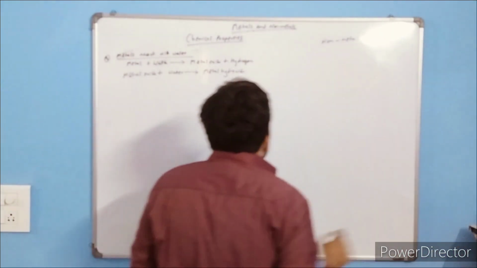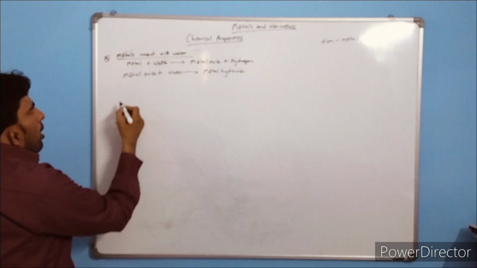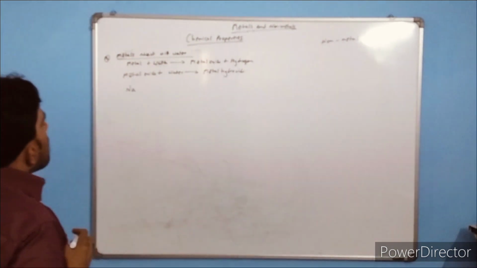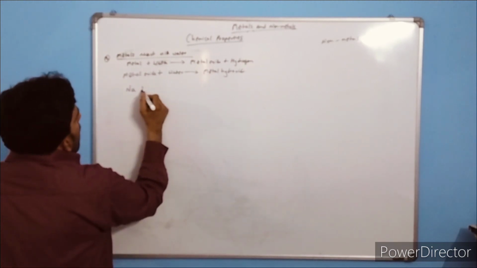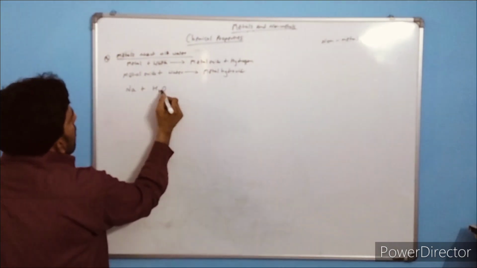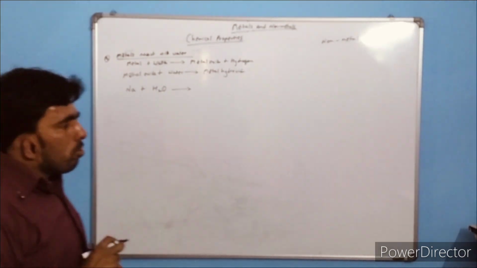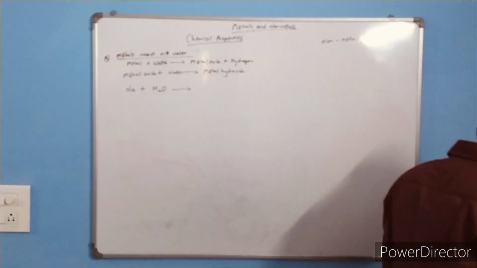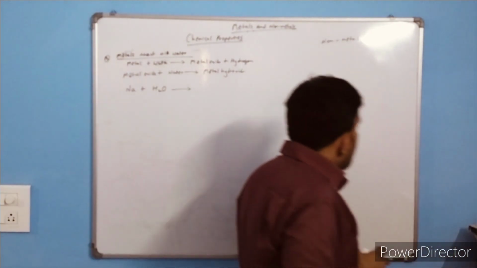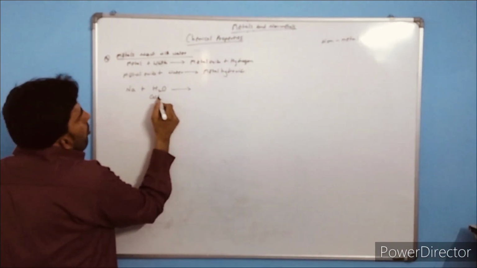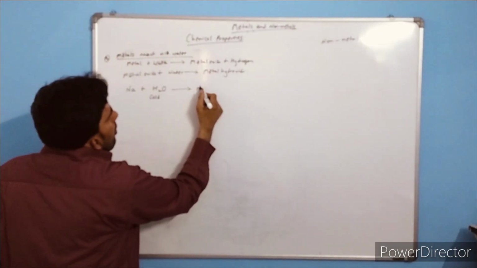For example, if I take the metal sodium, when sodium reacts with water, what will happen? Or I will take potassium. When it reacts with cold water, what does it form?